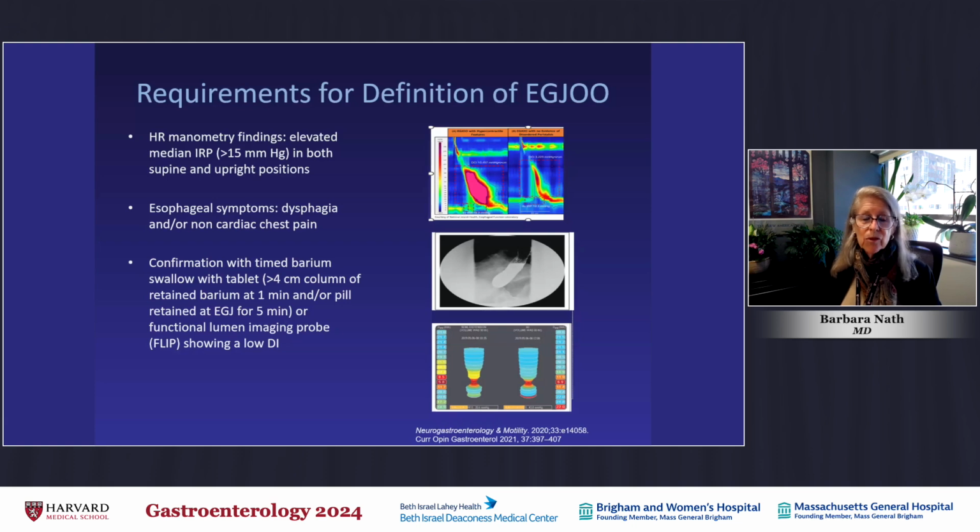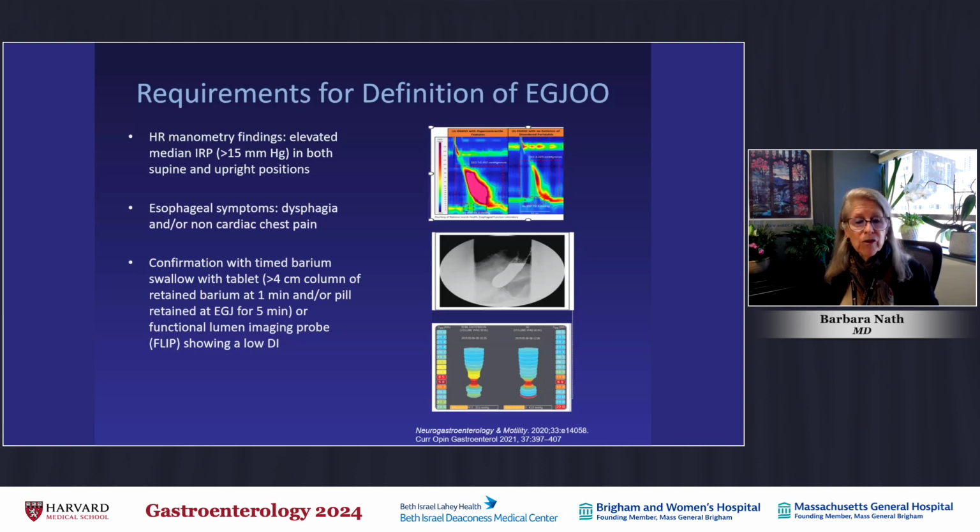Symptoms have to be present. So if a patient has EGJ outflow but no dysphagia or chest pain, it doesn't matter. It's not considered a significant finding. If the patient has symptoms and has the elevated IRP in both positions, you still have to do a confirmatory test to prove that this finding matters, and the tests are functional tests.